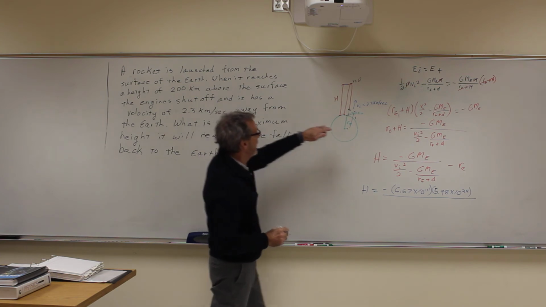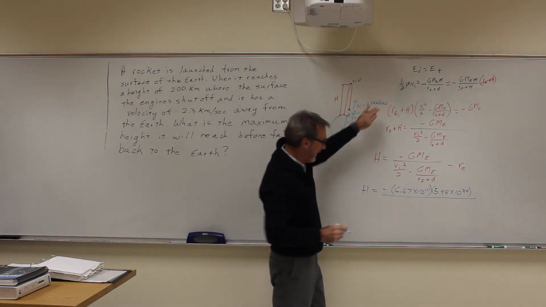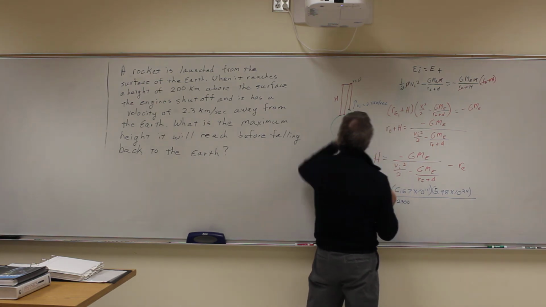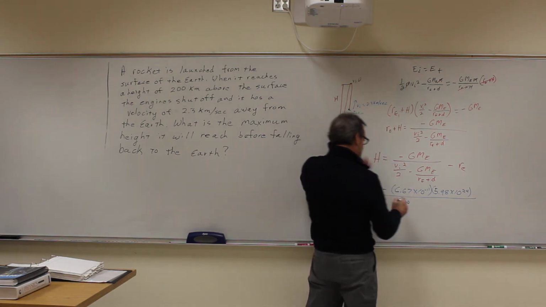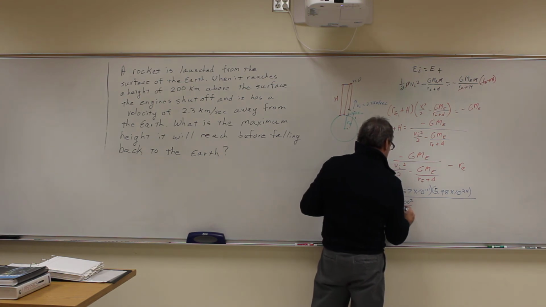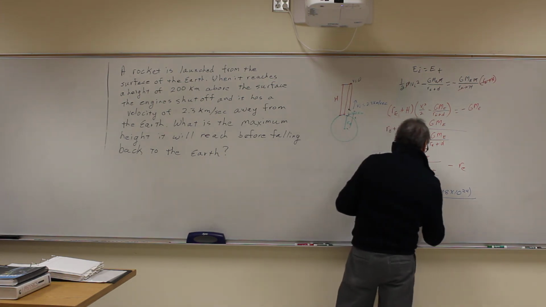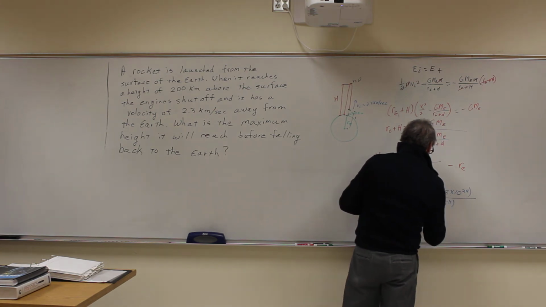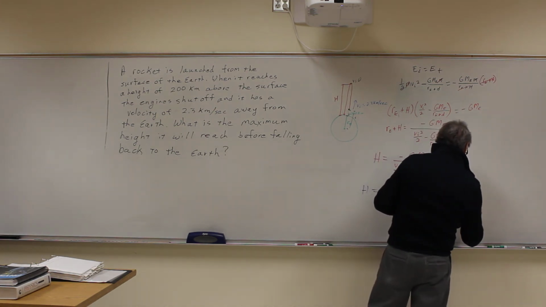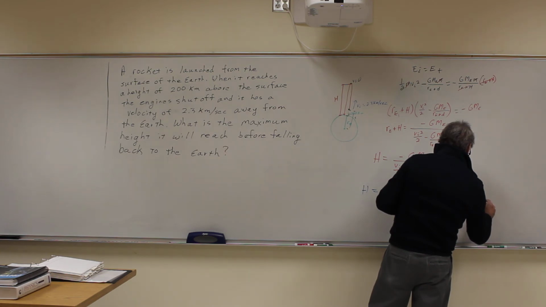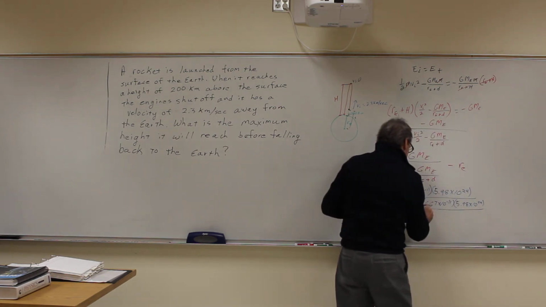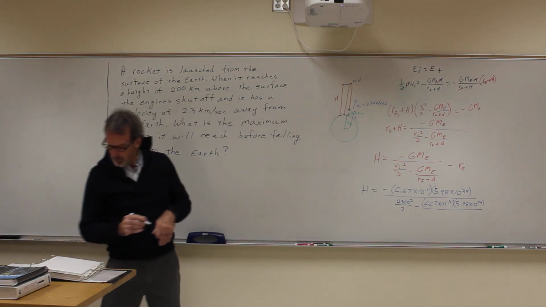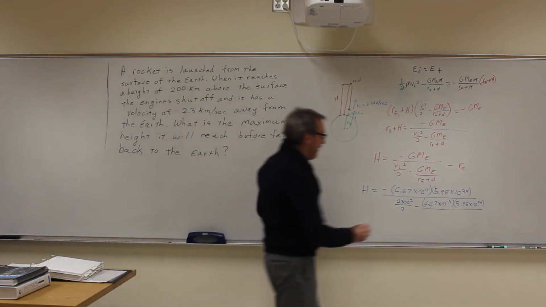So our initial velocity is 2.3 kilometers per second. Well, we've got to put that in terms of meters, so that's actually 2,300 meters per second. That's squared over 2 minus 6.67 times 10 to the minus 11th times 5.98 times 10 to the 24th, all over the radius of the Earth, which is 6.37 times 10 to the 6th.